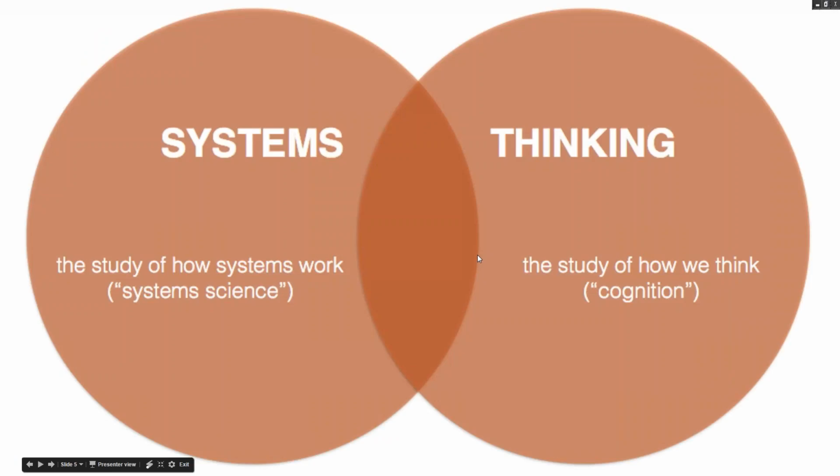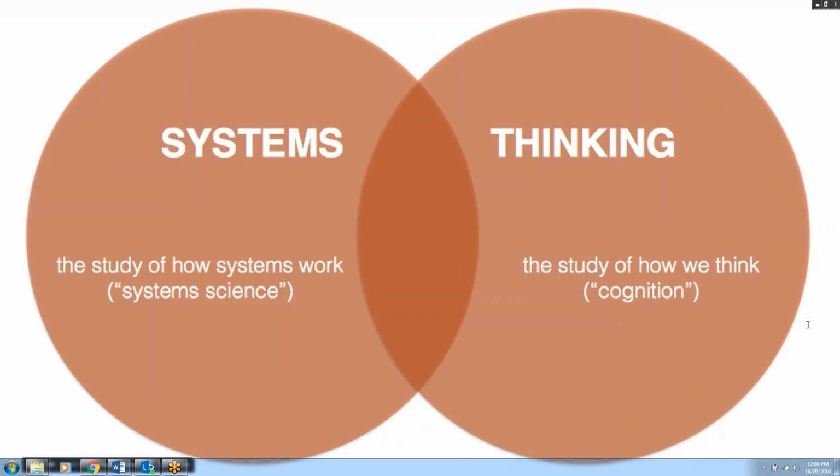When we talk about systems thinking within ThinkWater, we're combining two fields of knowledge. The first is an understanding of how systems work, which we can think of as the basic system science, and the second is an understanding of how we think as individuals, the field that we call cognition.